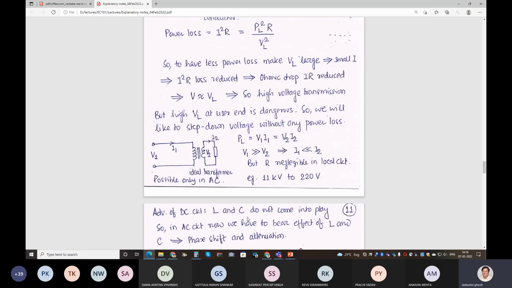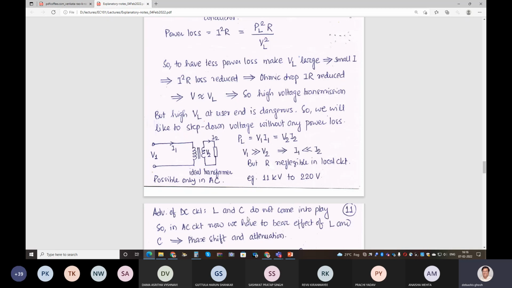Now when talking about transmission line, we are finding that the transmission line has some L and C, which we have already studied. That transmission line can be modeled where there will be some L and some C. L will be responsible for the voltage drop along the line. C will be responsible for leakage of current in a parallel path.